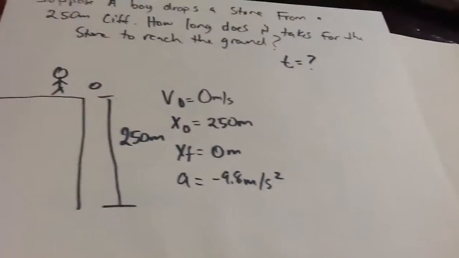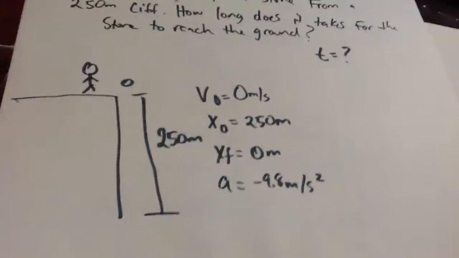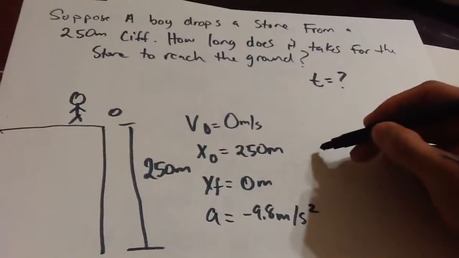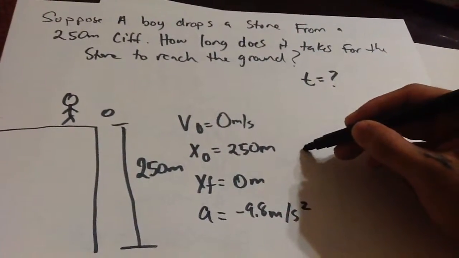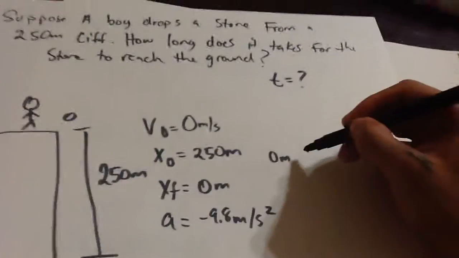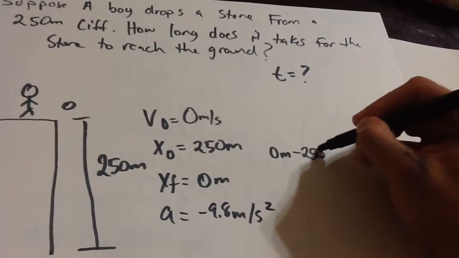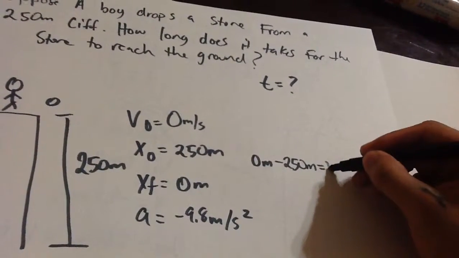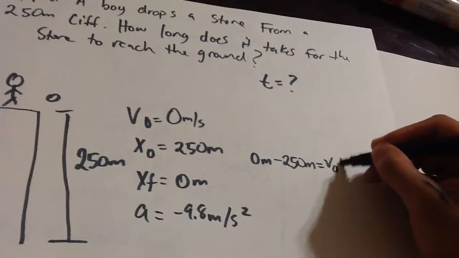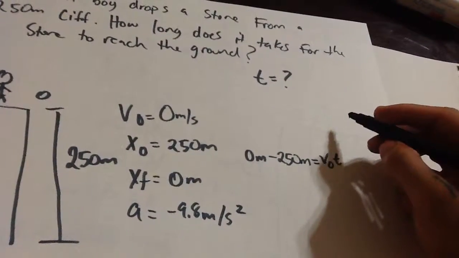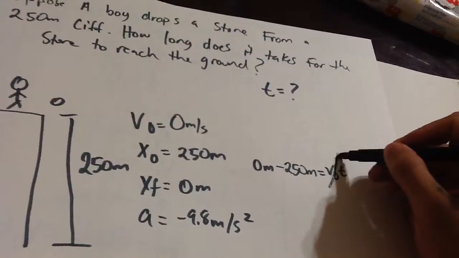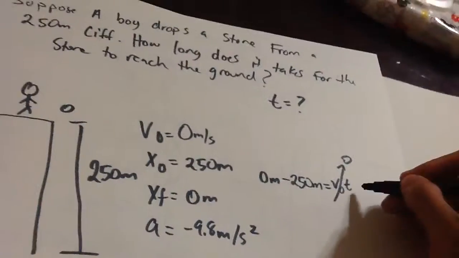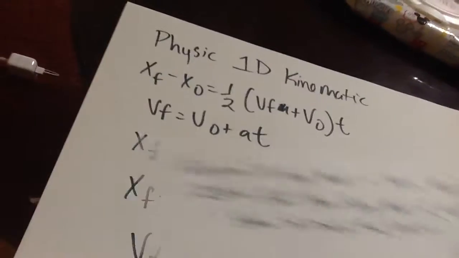So all you have to do is just plug in your givens into the equation, which would be 0 meters minus 250 meters is equal to the initial velocity times t. The initial velocity is 0, so this will cancel out automatically. Plus 1/2 a t squared.